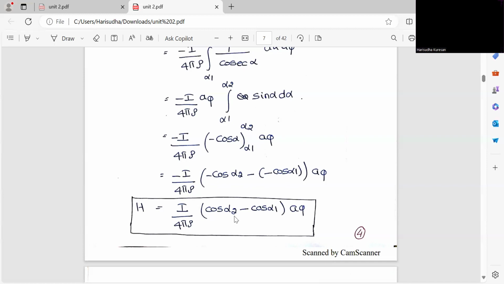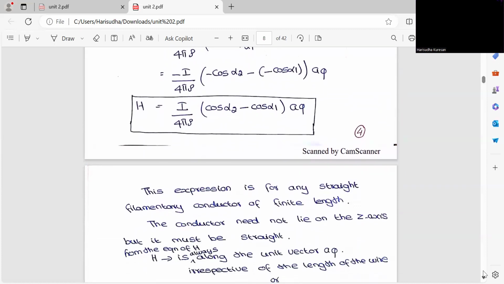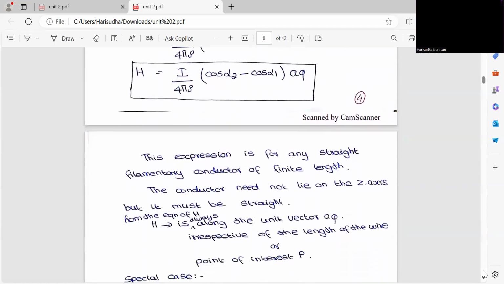This term becomes cos alpha 2 minus cos alpha 1 a phi. So this is the equation for the magnetic field intensity H at the point P.